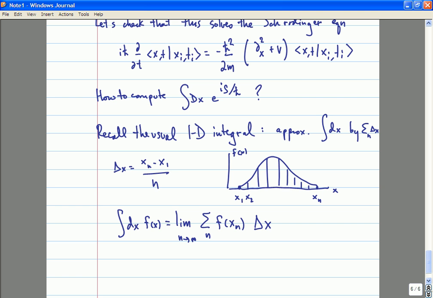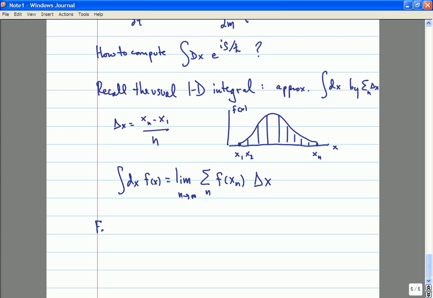Just as in this case we approximated a function by its values on some set of points, for a path integral, let us approximate the functional that appears in the integrand by its values on some discrete set of paths.